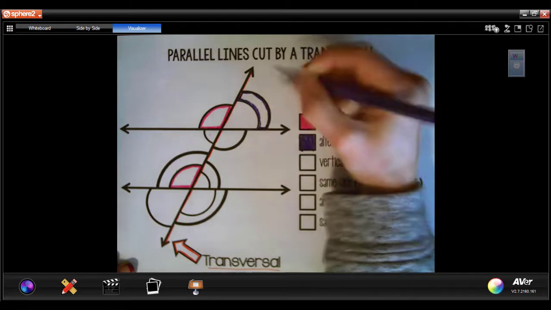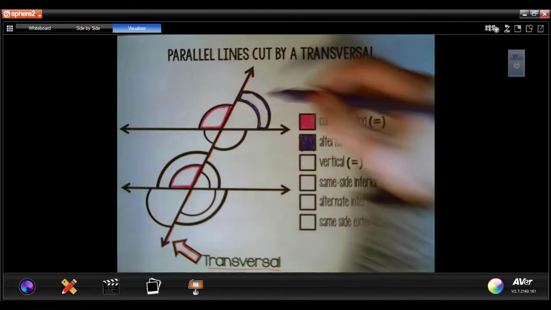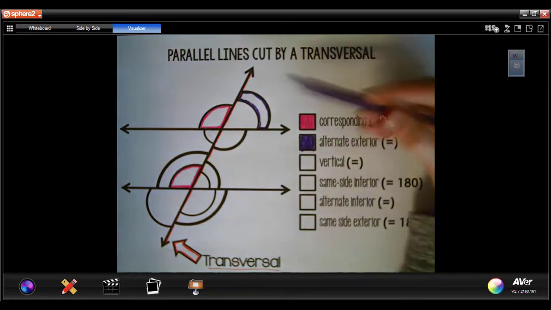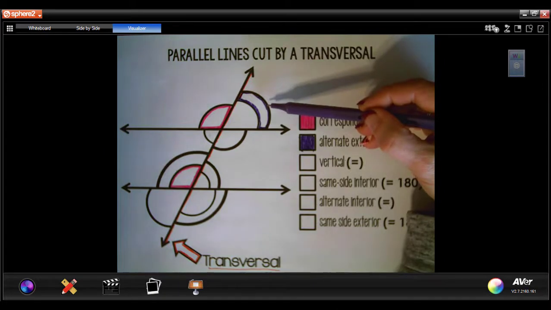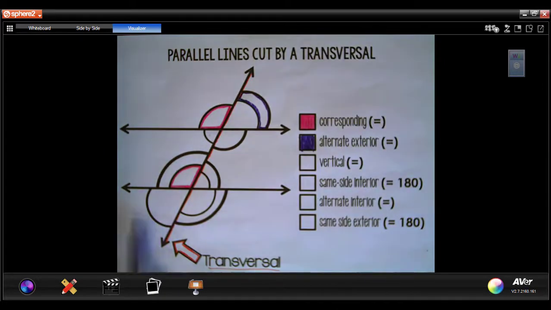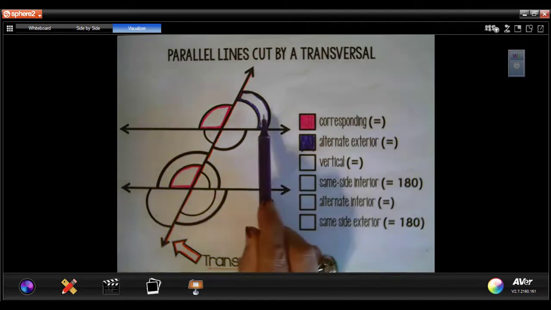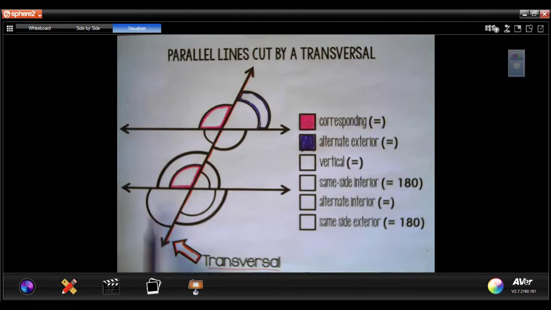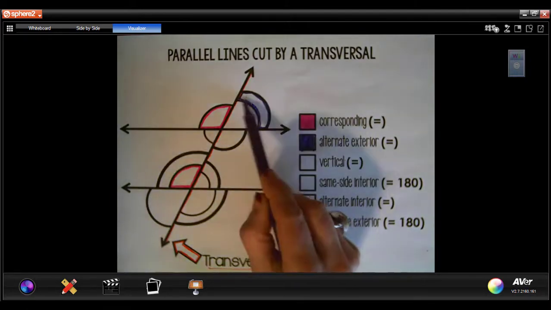All right, so that's an exterior angle. Now I'm looking for alternate, so it's going to be on the opposite side. Okay, so these are my exterior angles, and it needs to be opposite. Okay, so it's going to be this one right here, and you can see it's kind of the same arc size.